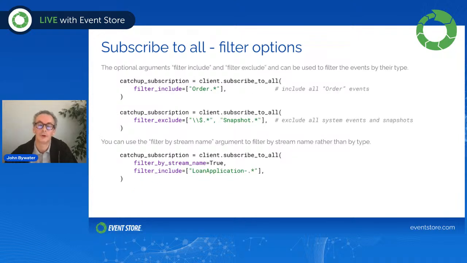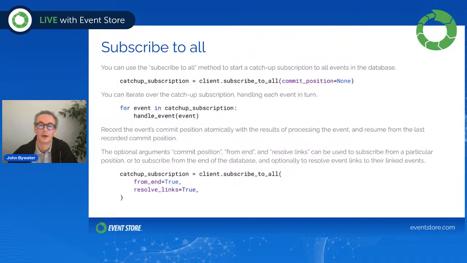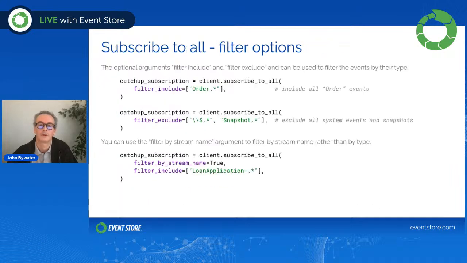The subscribe to all, like read all, has filter options. Actually, I'm sorry, that's not a mistake. The commit position should be none because it starts off. If you give it 0, you won't get the first event. So that's actually not a mistake. Anyway, so moving on, the read all method had filter options. The subscribe to all method also has filter options.